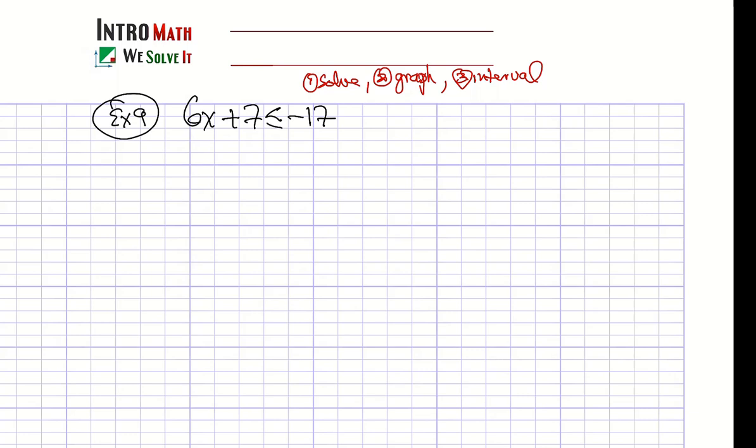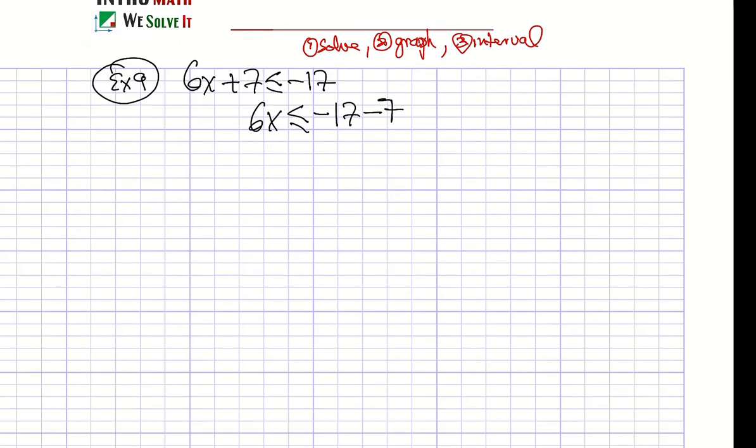So we'll solve. We'll begin to isolate x on the left side. We'll have 6x less than or equal to minus 17 minus 7, okay? We'll simplify the right hand side. We'll have 6x less than or equal to minus 24, okay?